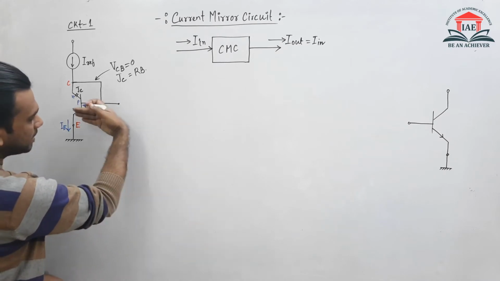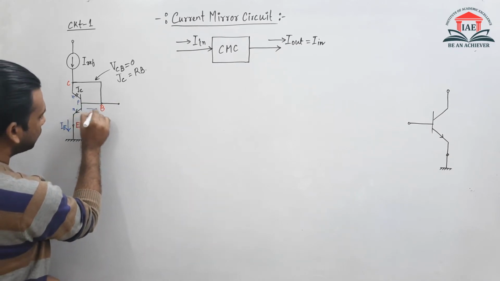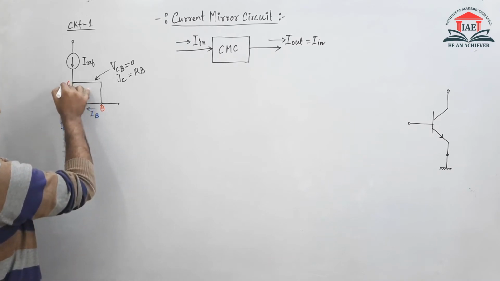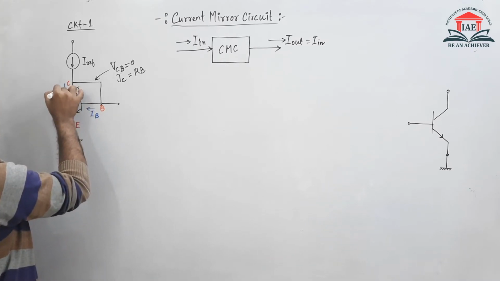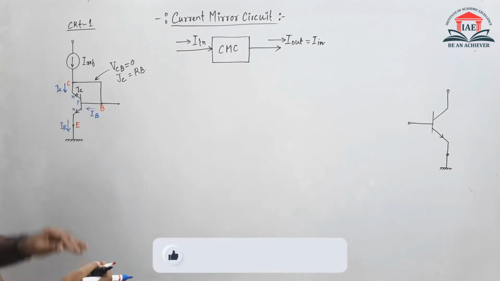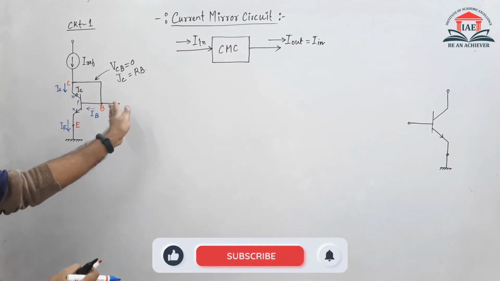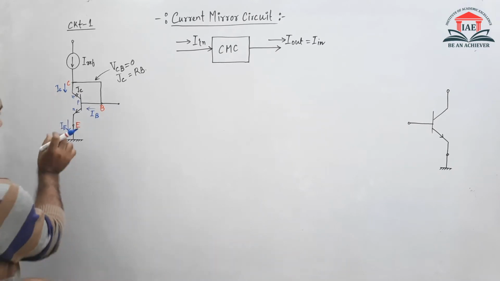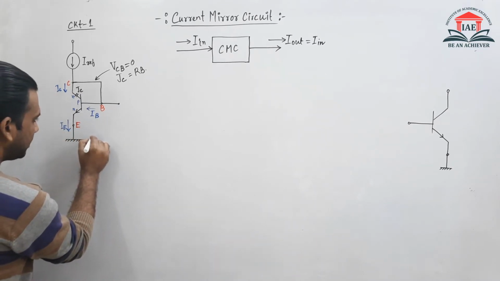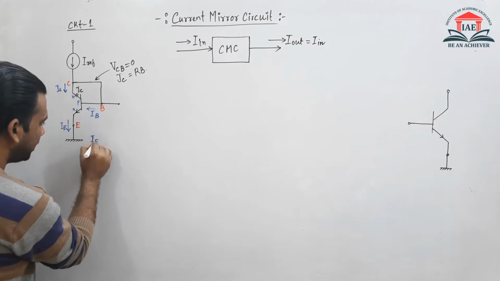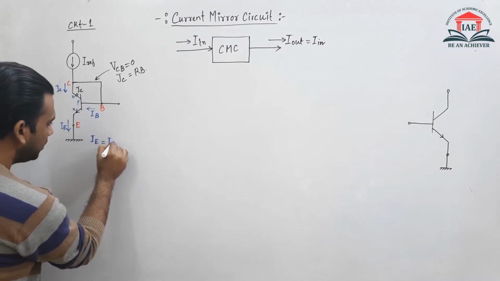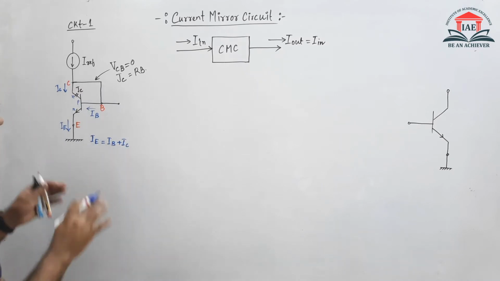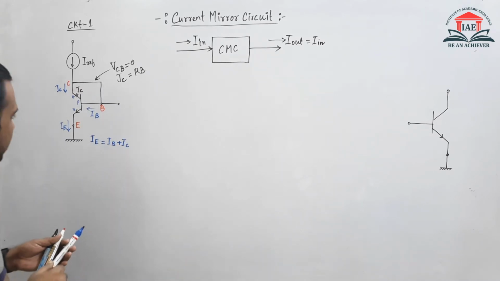Similarly, the base current will be in the inward direction, and the collector current will also be in the inward direction. And this IE current can be written as IE is equal to IB plus IC. This is the current information that we can get right now.